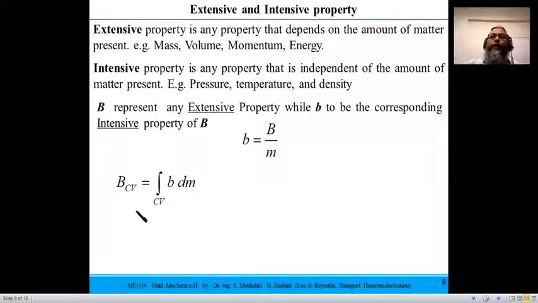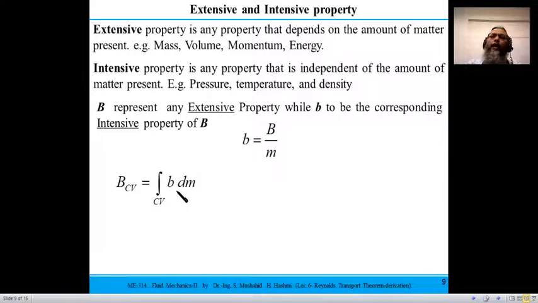Mathematically, we can write it for a small differential element having a certain mass dm. So this is a small region of particles with mass dm. If you multiply the mass with b, you get the corresponding extensive quantity. So b times dm is an extensive quantity for a small region of interest.